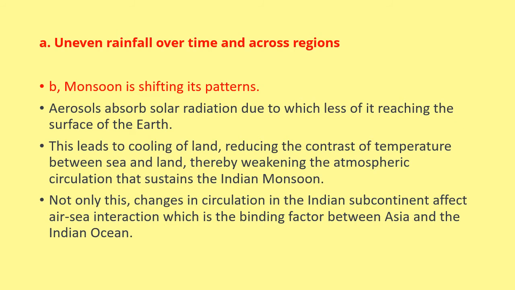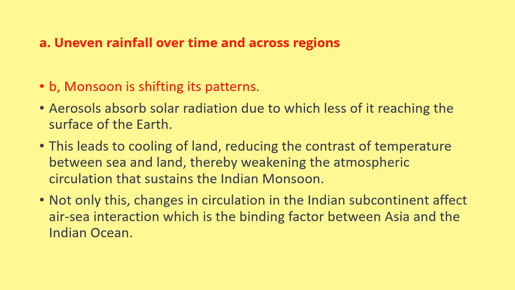so less of it reaches the earth's surface. The aerosol absorbs more radiation, so radiation cannot reach directly to the earth's surface, so the earth's surface becomes cooler, and this leads to cooling of land and reduces the temperature contrast between land and sea.